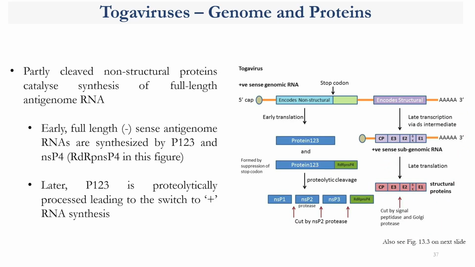Now, the way it works is this will start synthesizing your antigenome, but your P123 gets proteolytically processed. And that leads to a switch to the positive RNA synthesis.